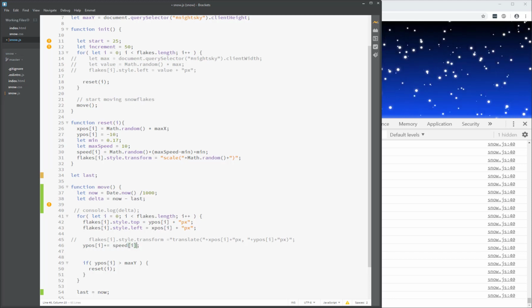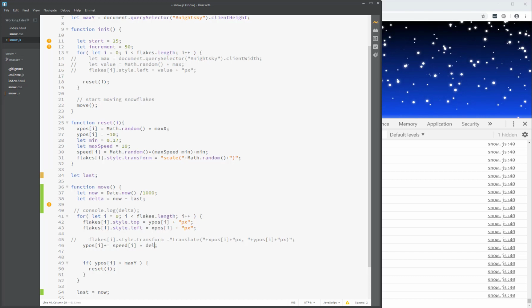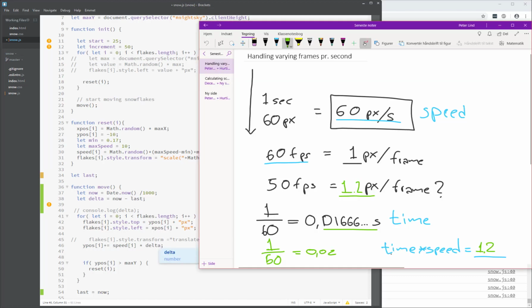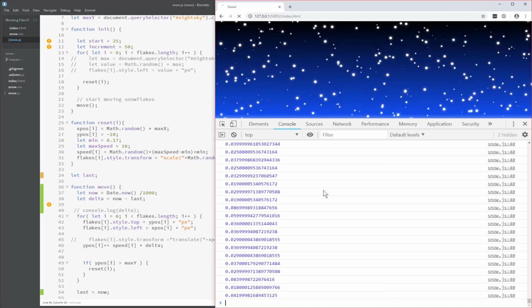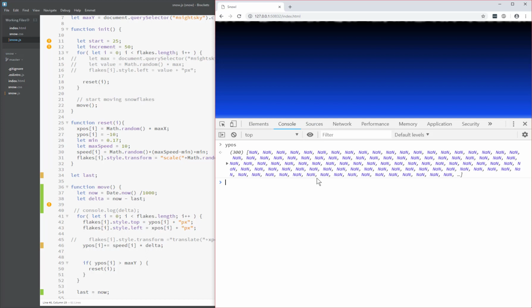Then I'm just going to multiply the speed with the delta, as I saw here. It's time multiplied by speed, time multiplied by speed. That should give me nothing at all. Let's look at the Y position. They are a bunch of NaNs, not a number.